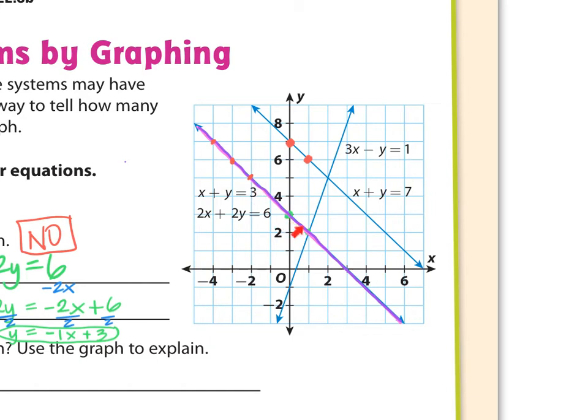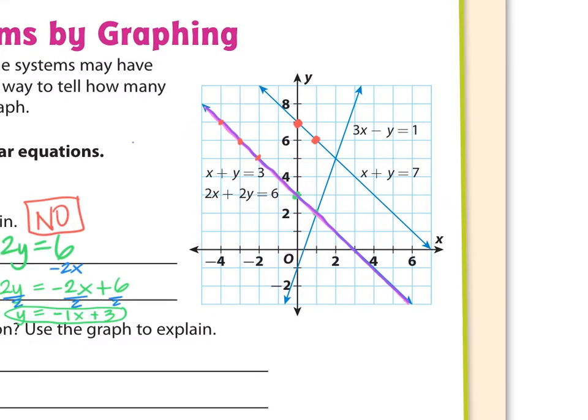All these places that I have my cursor on, it's intersecting, it's touching, it's overlapping. So how many solutions or how many times does this thing intersect? It intersects an infinite amount of times. So we have an infinite amount of solutions. So when we're graphing, if they never touch, no solution. If they always touch, if they're overlapping, infinite solutions.